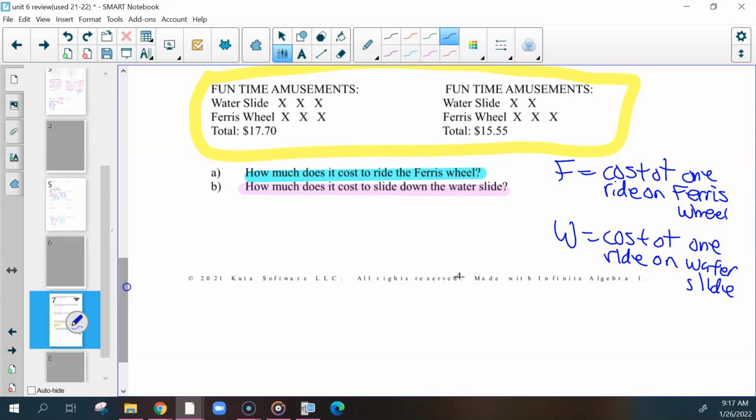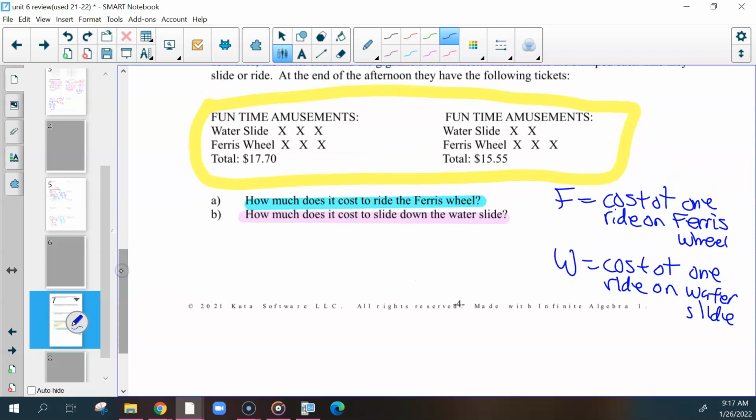Now, when you look at this, because they put the number each one is stamped, those numbers and our variables are going to go together. Our totals are going to be what they equal.